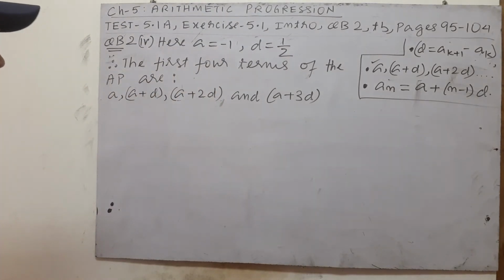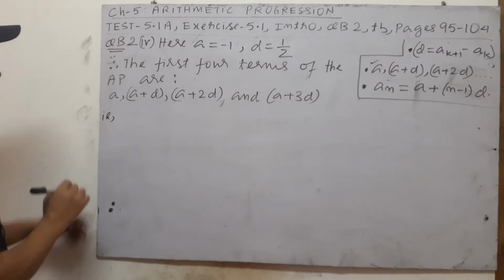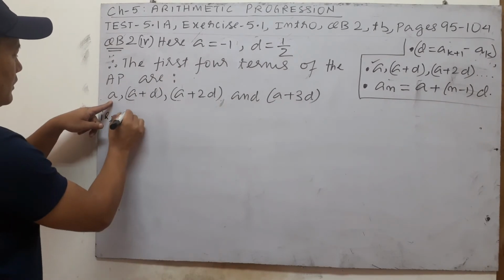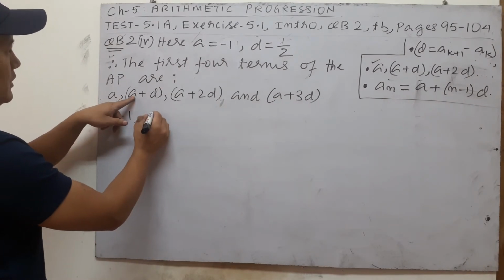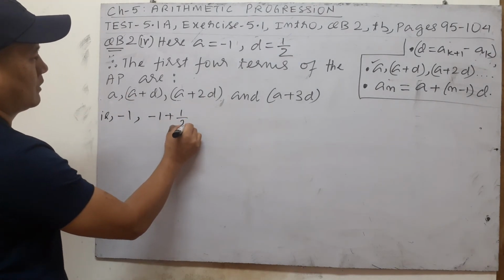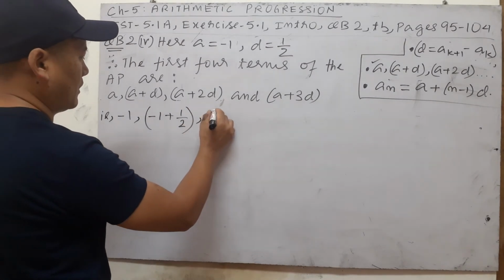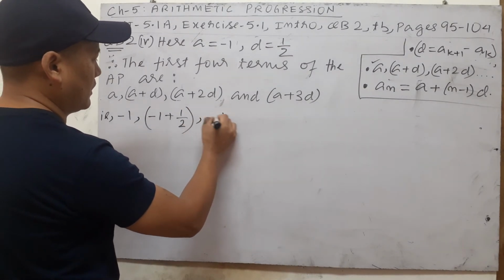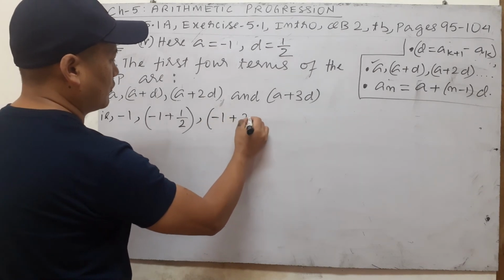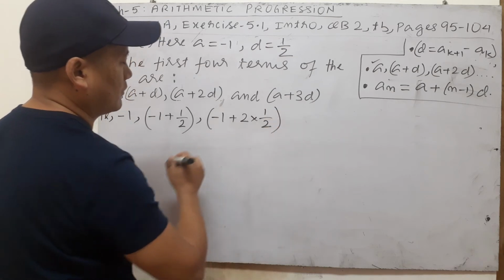So that is, first term very easy, A is minus 1, comma, second term here A minus 1 plus D is half, comma, A is minus 1 plus 2 into D is here 1 by 2.